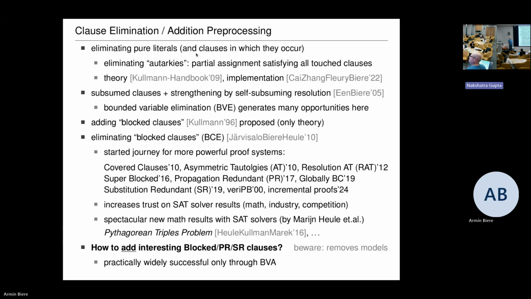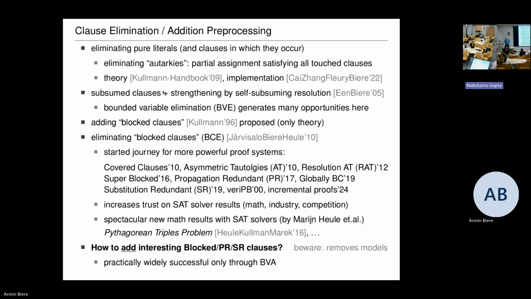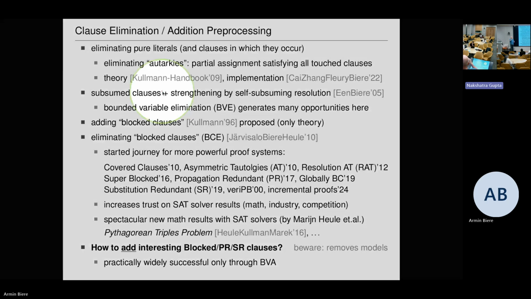It's just a generalization. Oliver, who promised to be here but is not, wrote a full handbook chapter on this already in 2009 without any practice yet. Then 2 years ago, we implemented his algorithm, which is between two lines of the handbook chapter, and it seems to work.